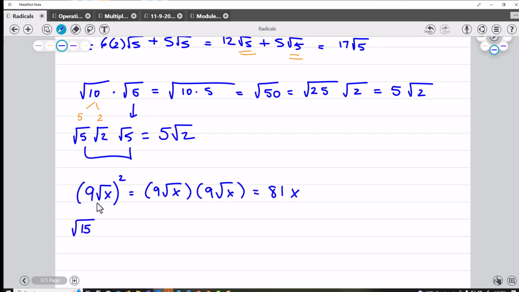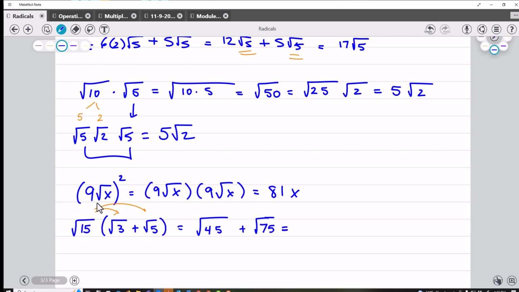So say I have the square root of 15 times the square root of 3 plus the square root of 5. So we know how to distribute. I'm going to multiply that, and then that gives me the square root of 45 plus the square root of 75.